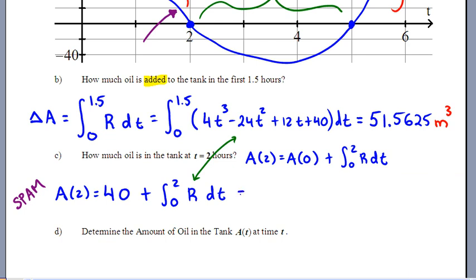Instead, I'd rather just talk about the numbers. I have the 40 that's in there originally. And when I ask my calculator, hey, can you integrate that rate? It does a nice job of it. And it says, yeah, 56 actually. Okay, great. Then the actual amount of oil in the tank at that 2 hour mark was the original 40 plus the 56. It's going to be 96 meters cubed.